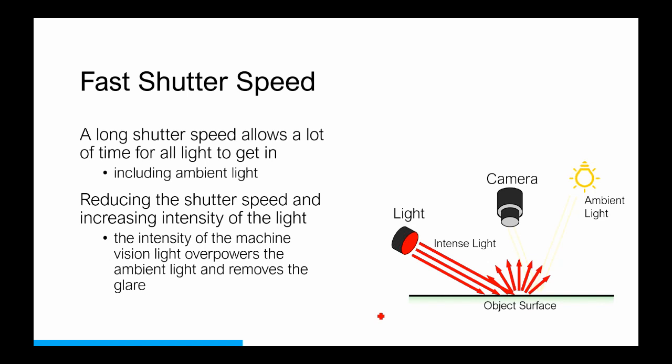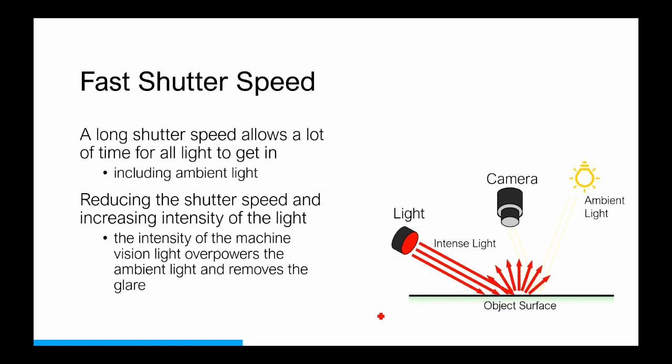If we can take that exposure time that is long enough for that process and reduce it, then we're not having it be on long enough for the light to come down, reflect, and go into our camera. But in order to reduce our shutter speed so much, we need to increase the intensity of our light. So what essentially we're doing is we're overpowering the ambient light by making our machine vision light more intense.